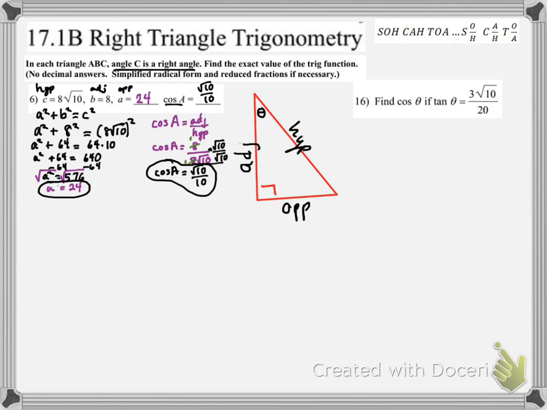And tangent is opposite over adjacent. And I need to know cosine. Let me put what I know on my picture. I know my opposite side is 3 square root 10.